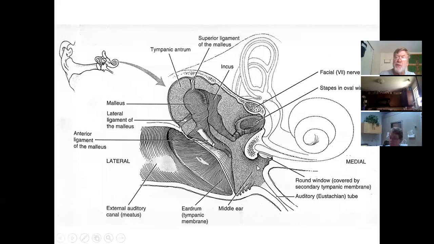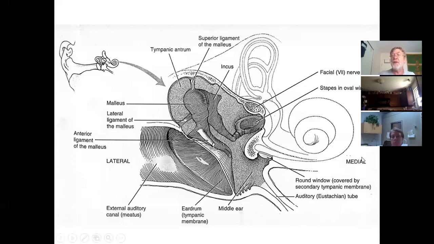Then you'll see a bump of bone here called the promontory, and then below that, the round window. When the oval window pushes in, the round window can bulge out. Okay, that's the purpose of the round window, is that it's a layer of membrane that's movable. So when the oval window pushes in, the round window can bulge out.